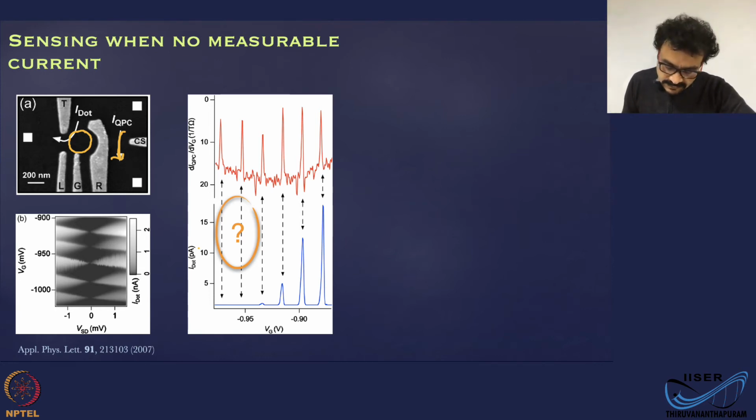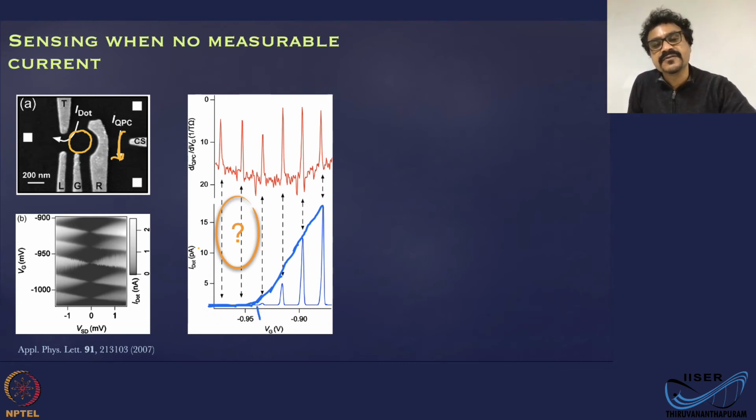Now, as you can see, the height of the blue trace goes down drastically, and you cannot see any sign of the Coulomb blockade oscillation beyond this point. Okay, so naturally, one would be tempted to assume that all the electrons have tunneled out, there are no electrons moving through, right? That is the natural tendency.